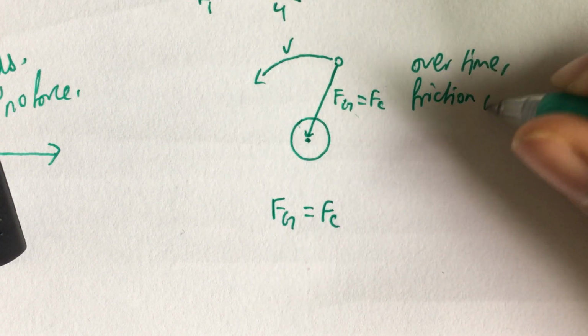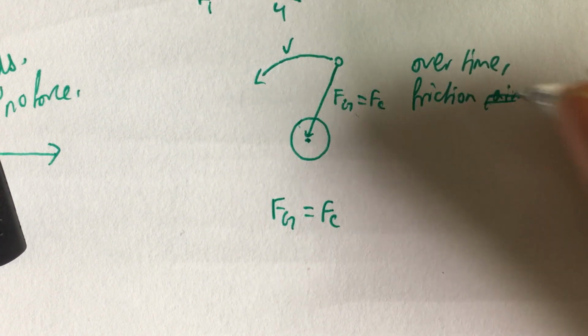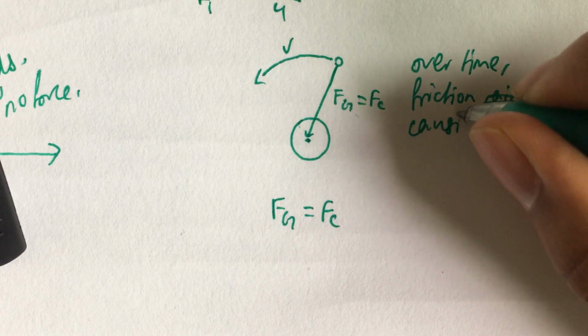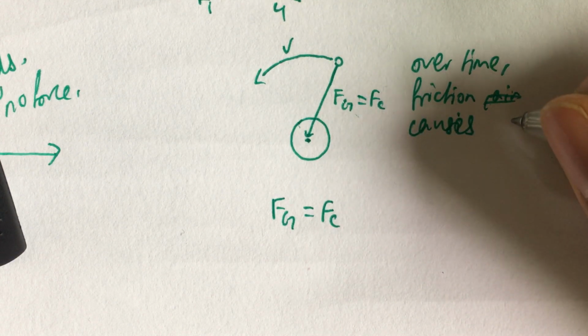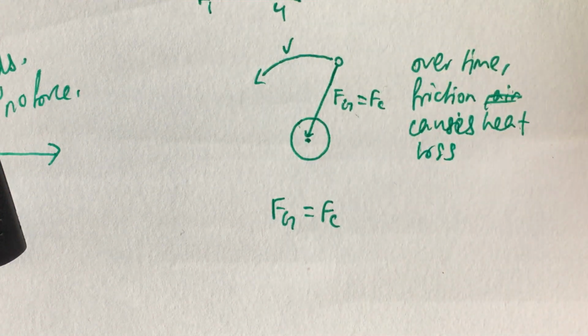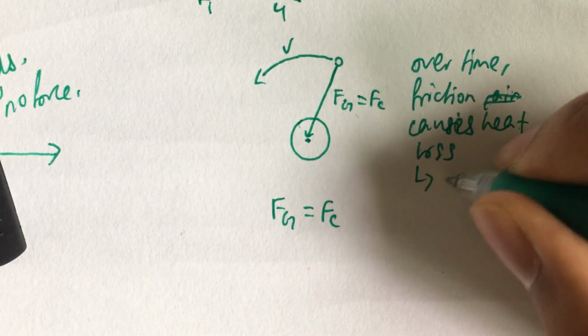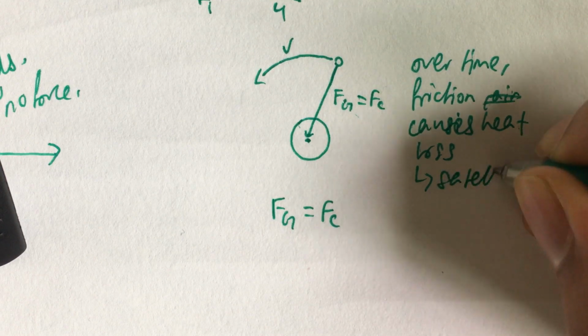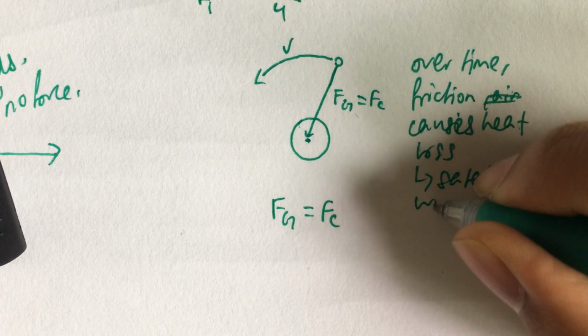That is because over time there's still going to be friction and heat loss, so thermal energy will dissipate out, and therefore the gravitational force will decrease as the satellite moves down.